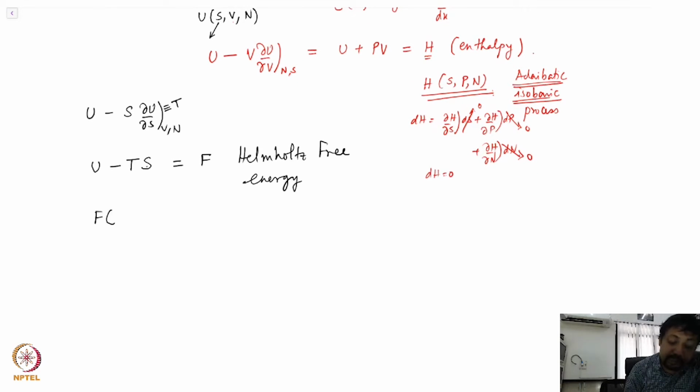Since I have replaced S and I have brought in T, the Helmholtz free energy is a function of T, V, N, and clearly this means that dF is ∂F/∂T dT plus ∂F/∂V dV plus ∂F/∂N dN.